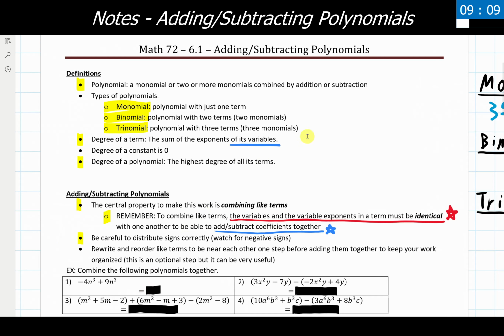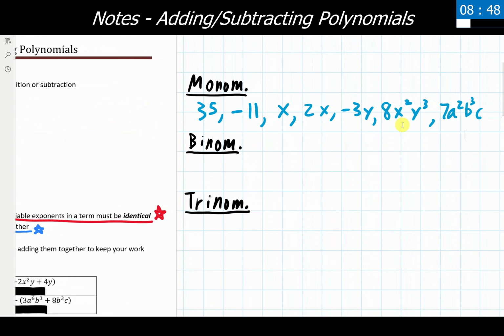Now our 2 other main types that we see terminology for on a regular basis are a binomial and a trinomial. A binomial is a specific type of polynomial with 2 terms, so 2 monomials, and those are adding or subtracting together. It doesn't matter if they're both adding or both subtracting, as long as I have 2 things that are adding or subtracting together. So a couple examples of binomials could be x plus 5, or -y minus 3, or x squared minus z squared.